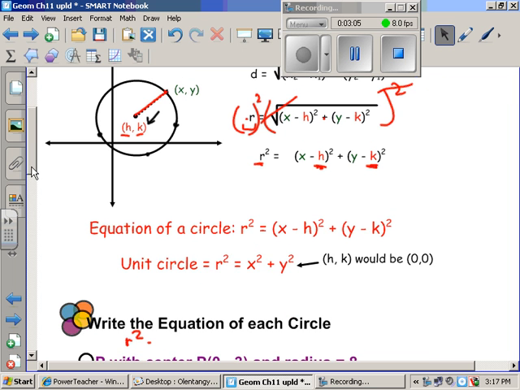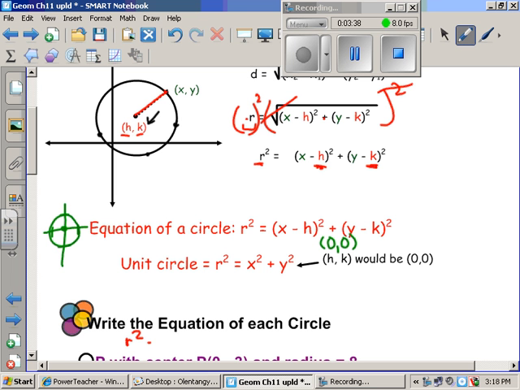Now let me give you the most famous, most basic circle, and that is called the unit circle. If I looked at a graph of it, it would have its center at 0, 0 and a radius of 1 all the way around. So the h and the k are 0, 0, because the center of the circle is at the origin.